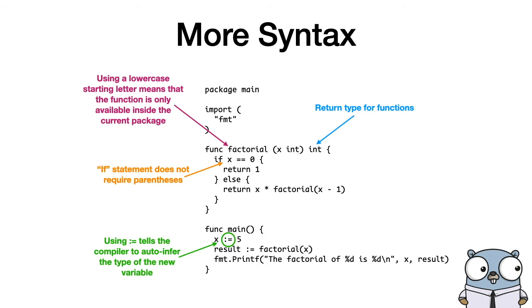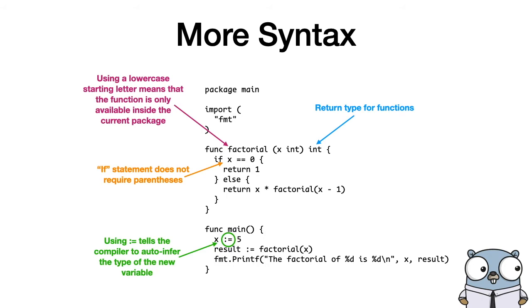So it basically says if you're at the end, return 1. Otherwise, return the variable times the factorial of the variable 1 less. So anyway, that's this program.